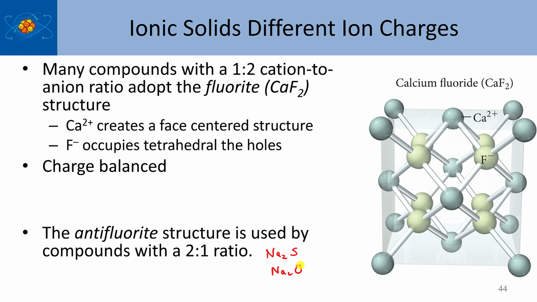So when you make antifluorite with sodium sulfide, for example, the sodium occupies the spaces that the fluoride would occupy, and the sulfides occupy the face-centered arrangement that calcium is taking in this image.